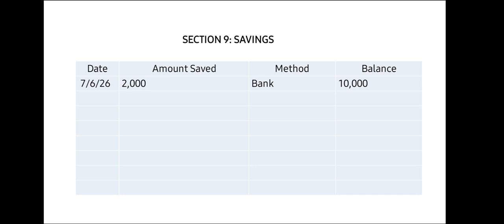And the method of savings is, you decide to save in the bank. So you put bank. Now the balance will be 10,000 naira, when you do your calculation at the end. Saving protects you during hard times. And that is why it's important that whatever you're making in the business, you should still find time to save.